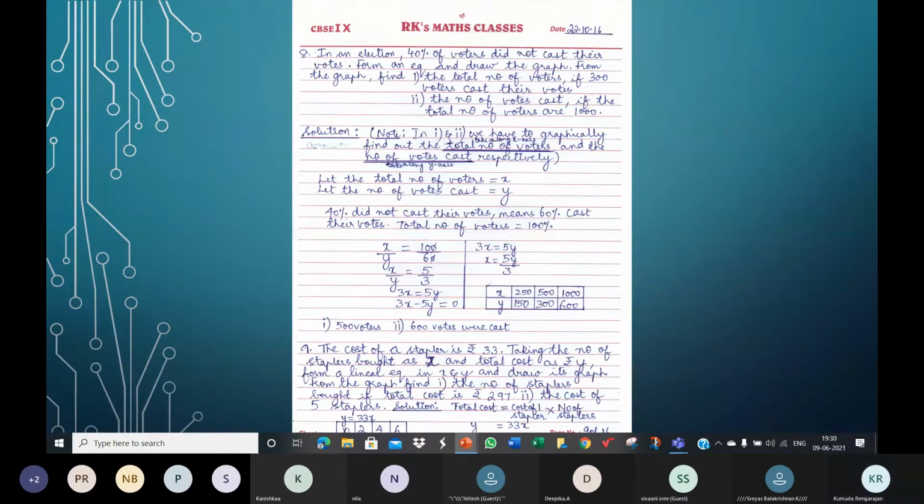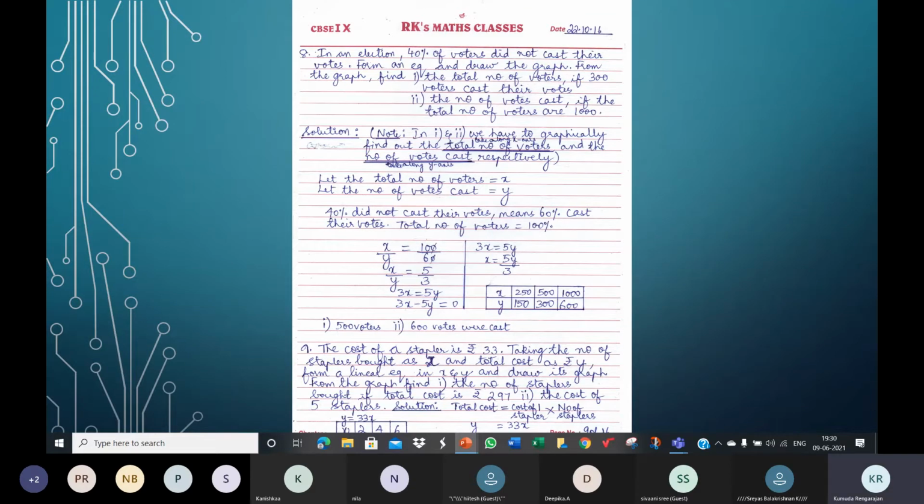So again, voters who cast their votes to the total. What is the ratio? 60 by 100, which is 3 by 5.